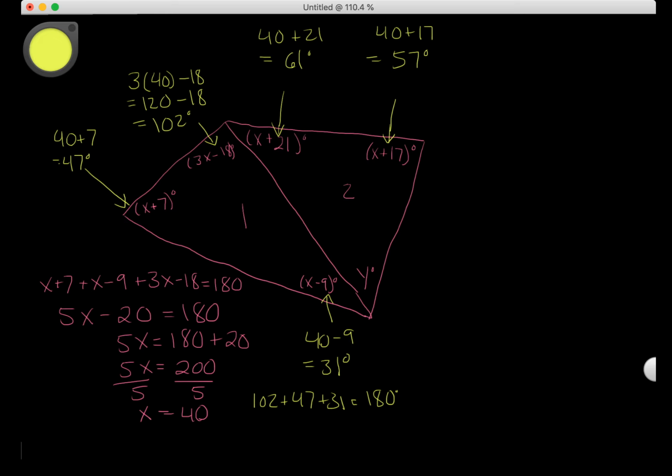Isolate for y. So 180 minus 61 minus 57. Y equals 62.